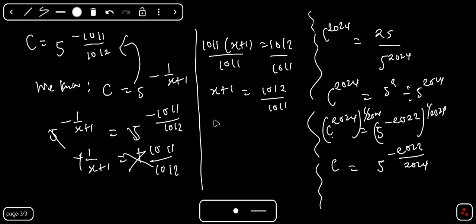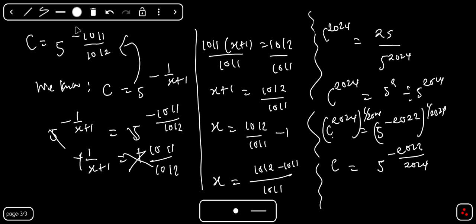Then subtract 1 from both sides, so x is equal to 1012 over 1011 minus 1. The LCM will be 1011, so that will be 1012 minus 1011, which gives us 1.